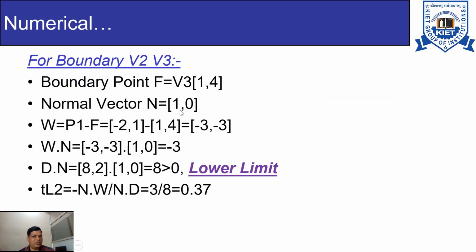So W is P1 minus F, which is (-2, 1) - (1, 4) = (-3, -3), and W dot N is (-3, -3) dot (1, 0), which is -3. The value of D dot N comes out to be 8, which is again more than 0. So again we get a lower limit, and its value is 0.37.